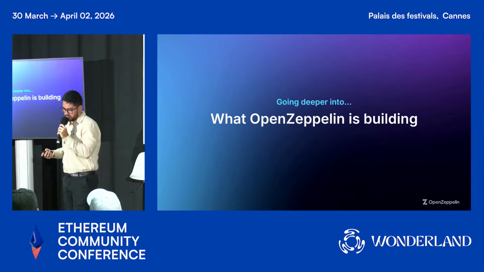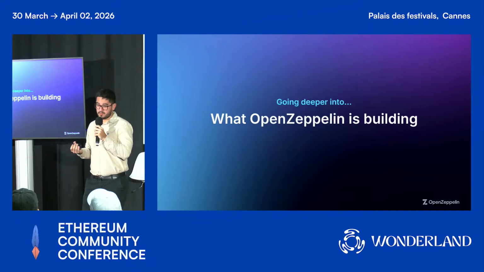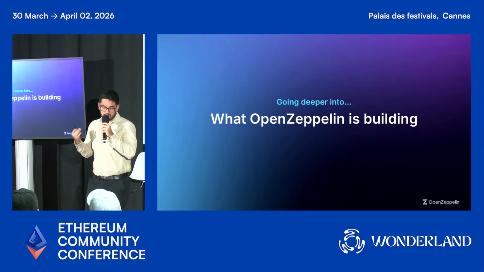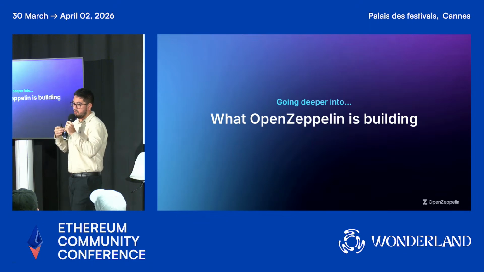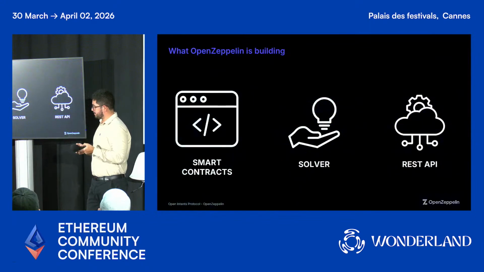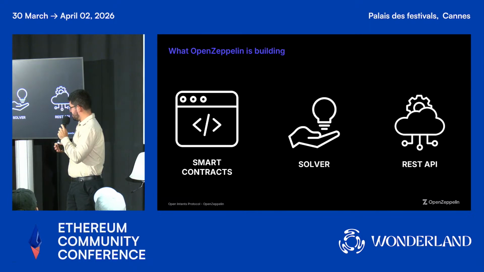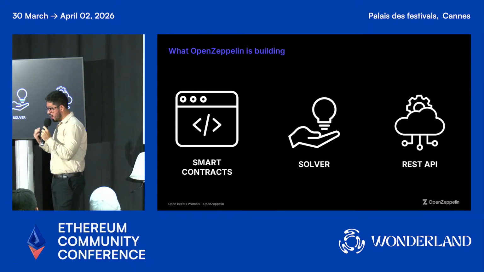What OpenZeppelin is building, but also this work is a conjunction between LiFi, Across, the Ethereum Foundation, and the Wonderland team that is being here. So this is the most central component that we have right now.